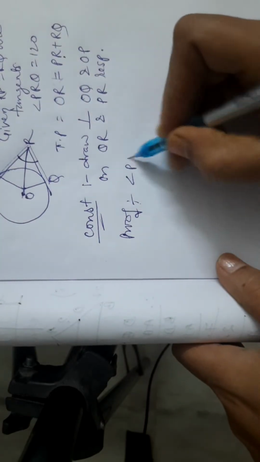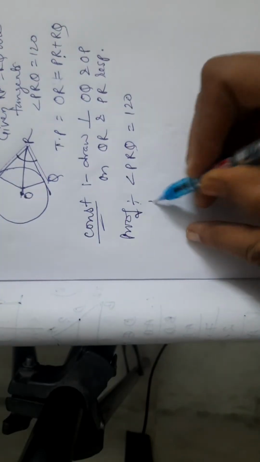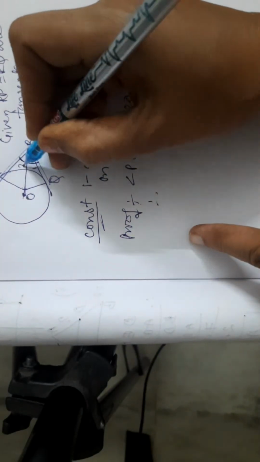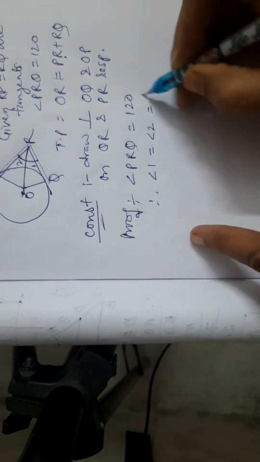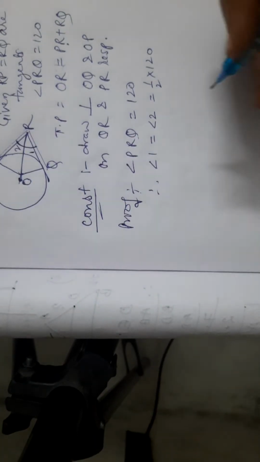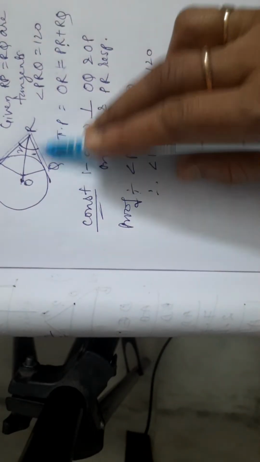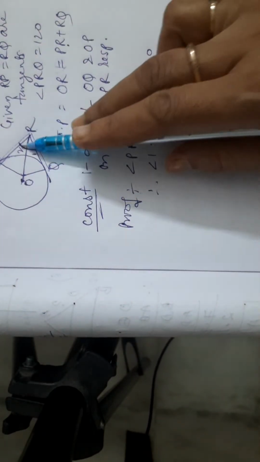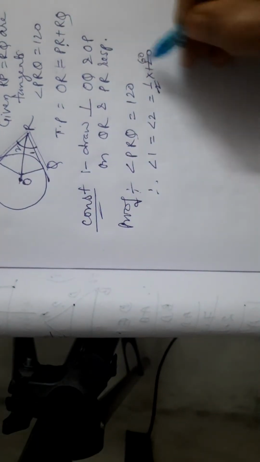Here angle PRQ is given as 120. Therefore, if we consider these to be angle 1 and angle 2, angle 1 will be equal to angle 2, which is equal to half of 120. The line drawn from the center to the point R divides the angle into two equal parts, so we can calculate the angle in that way.